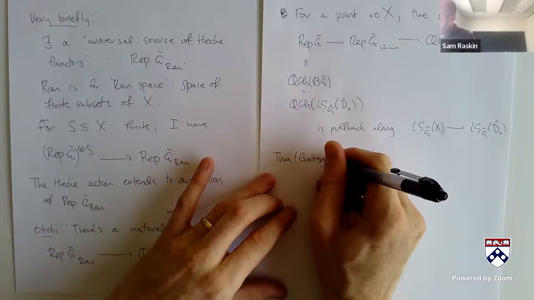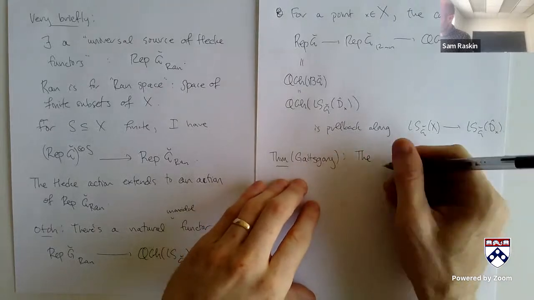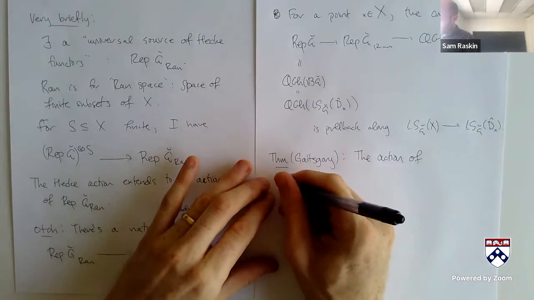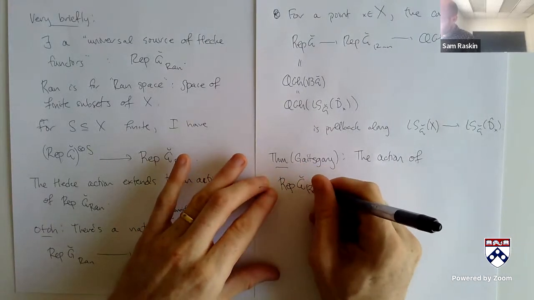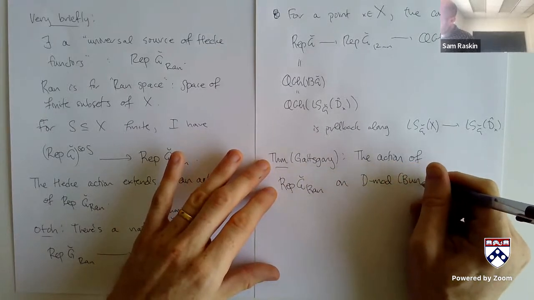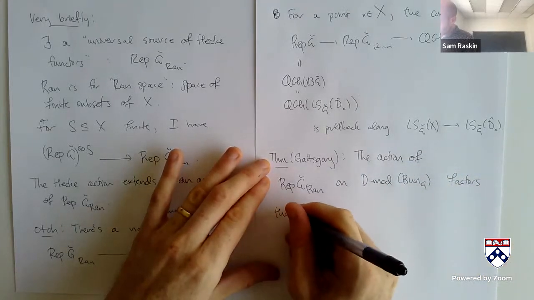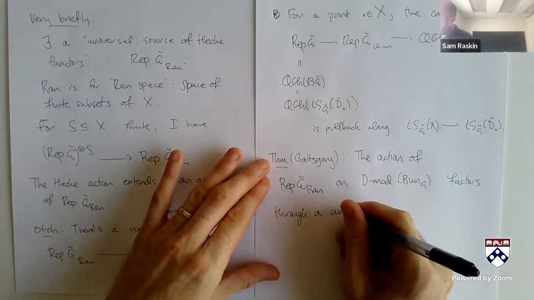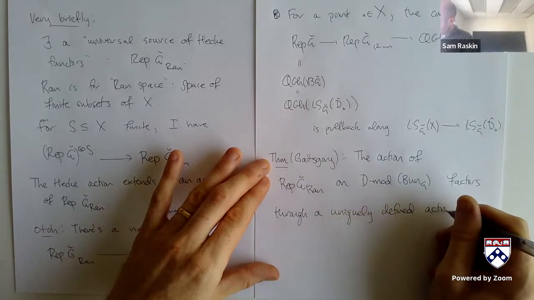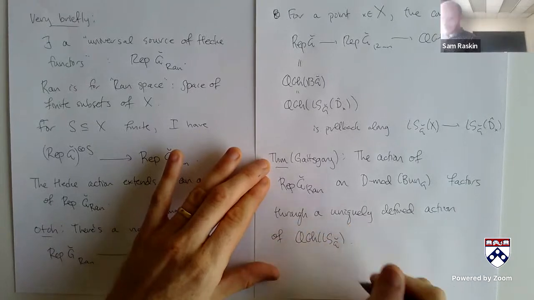Now, there's a theorem of Gaitsgory that says the action of this Rep G check run, this Hecke action, on the category of D modules on Bun G factors through a uniquely defined action of this category of quasi-coherent sheaves on LocSys G check.